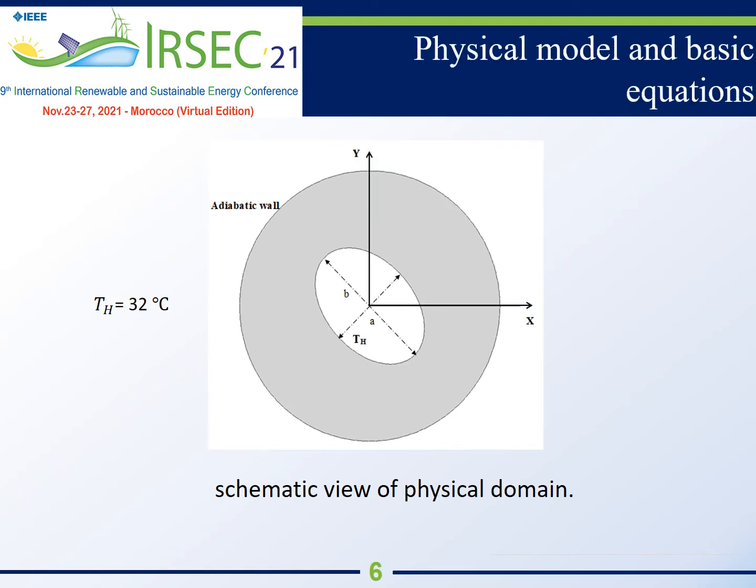This figure shows the schematic diagram of the coordinate system. The thermal boundary conditions are as follows: the outer wall is isolated and the inner surface is isothermally heated at a uniform temperature of 32 degrees.